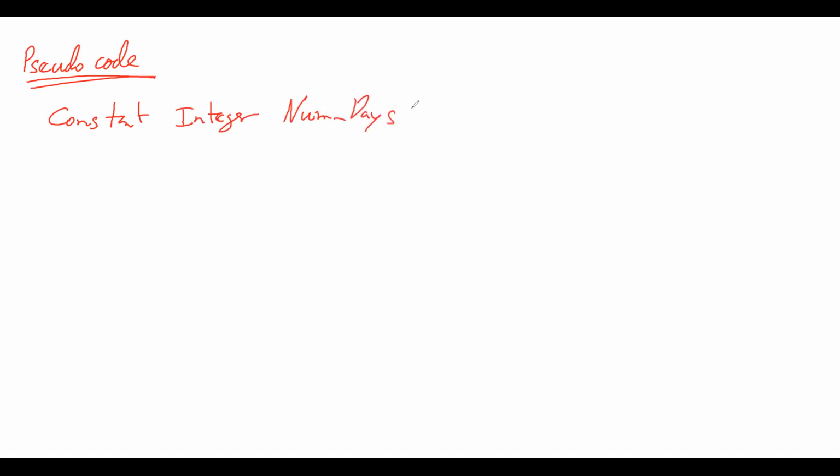So we'll do the pseudocode. All right, so we need 7 days. So we're going to create a constant integer num days, which is going to be 7. Okay.